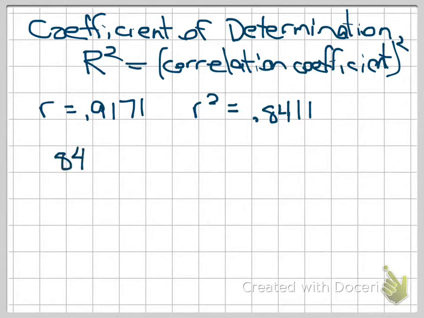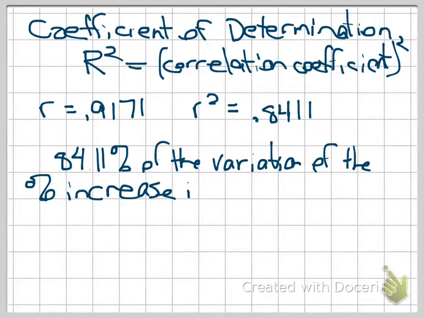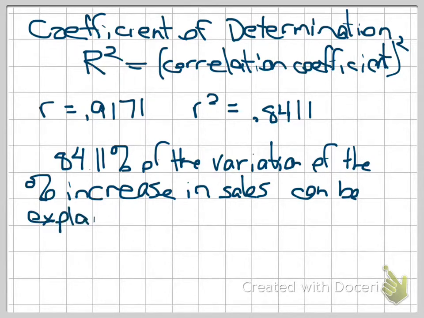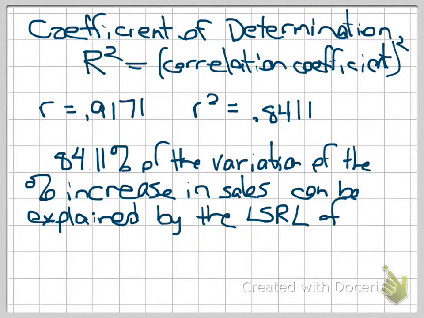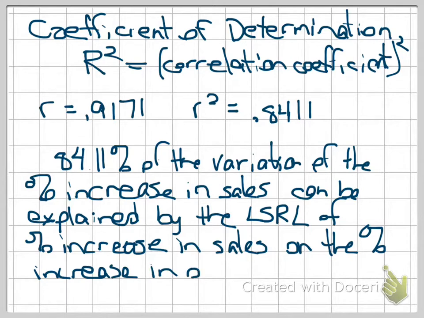So in this case, 84.11% of the variation of the percent increase in sales can be explained by the LSRL of percent increase in sales on the percent increase in advertising.